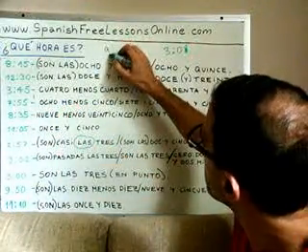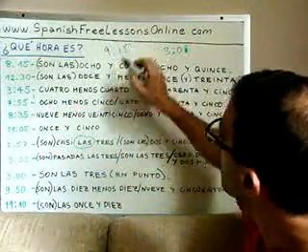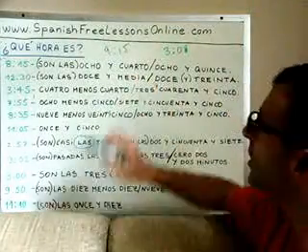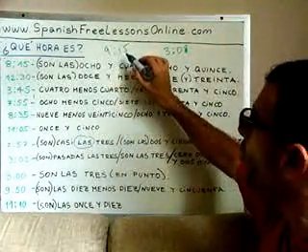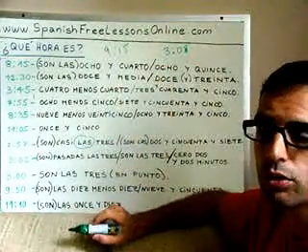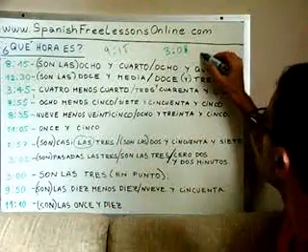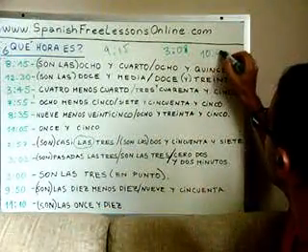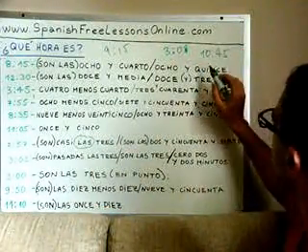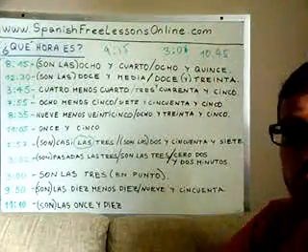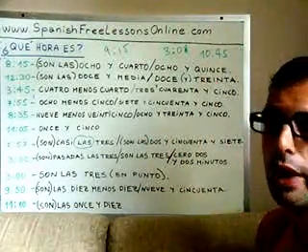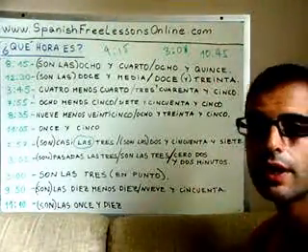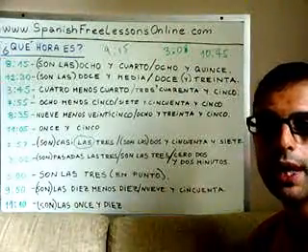Let's see. Son las 9:15. Cuarto for quarter. Son las 11 menos cuarto. It is quarter to 11.